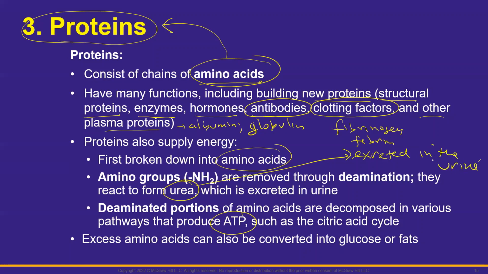Okay, so that is where urine comes from. Mostly it has a lot of urea, and urea is the byproduct of amino acid metabolism. Excess amino acids can be converted into glucose or fat, and this fat will then be stored in the adipose tissue.